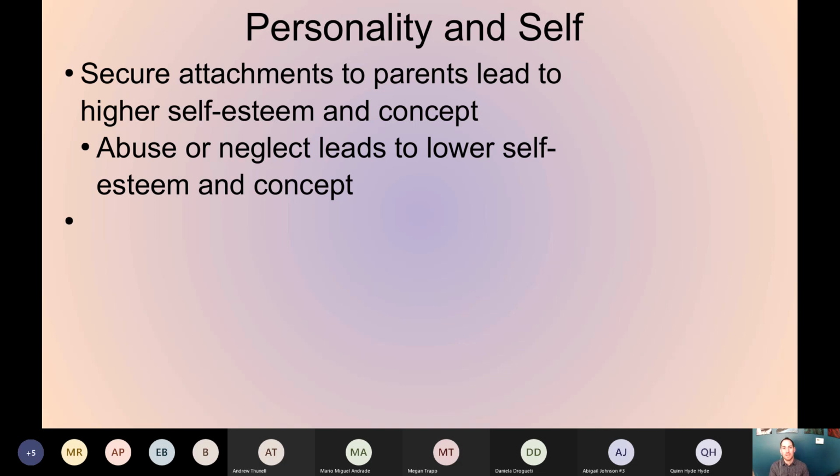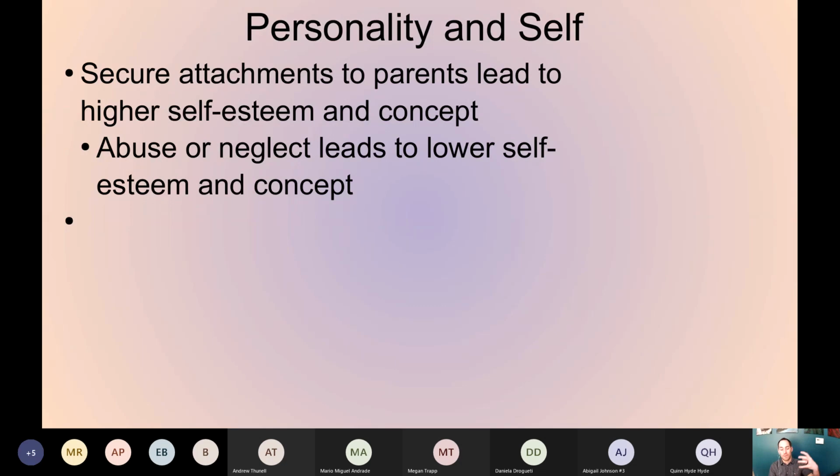So attachments, relationships, all these things are correlated to self-efficacy, self-esteem, and self-concept. Secure attachments with parents are strongly correlated and can even have a causal impact on self-esteem and self-concept.